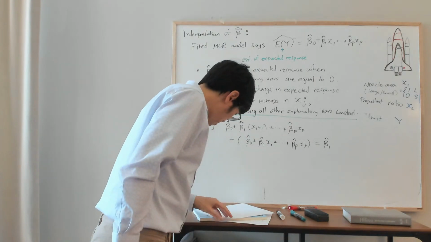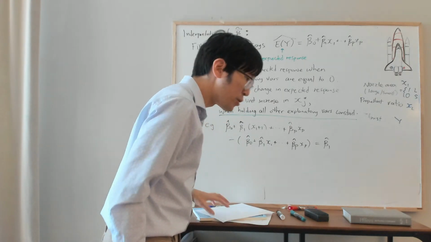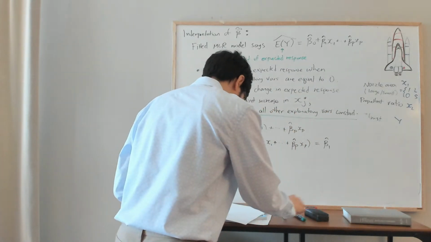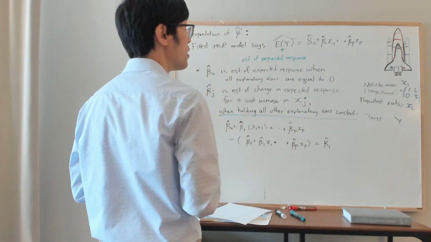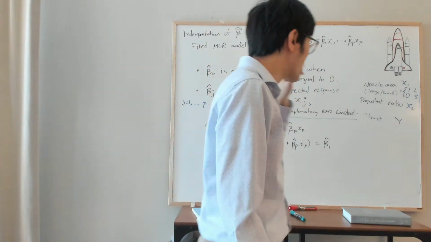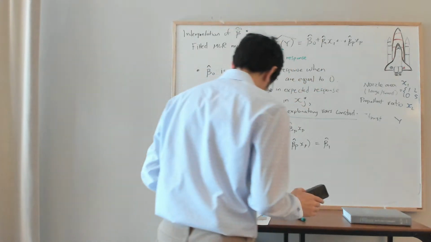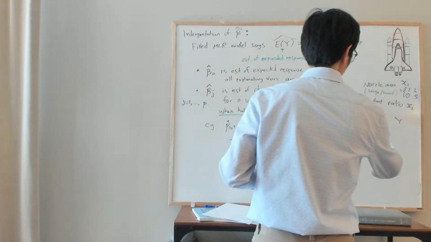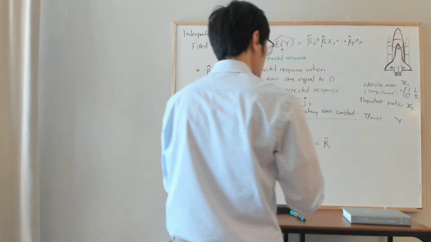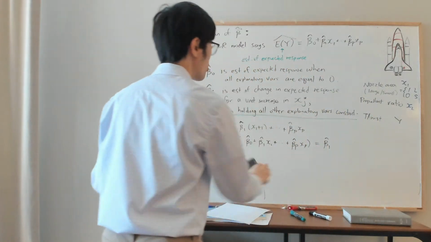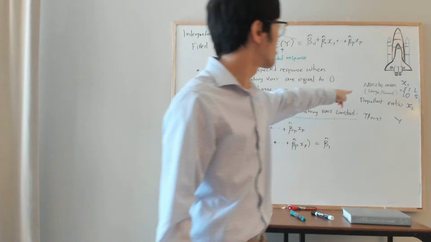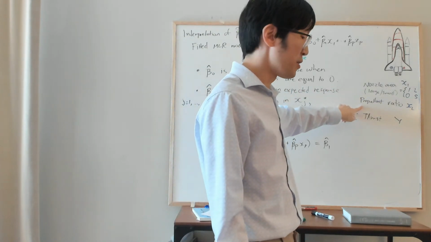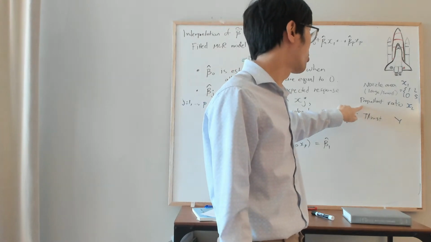Okay, I think it'd be useful to do a really quick example, which should take maybe 5 to 10 minutes, while I still have this picture of our space shuttle here. Going back to this example, we had two predictors: nozzle area, which is categorical, large or small, and the propellant ratio.